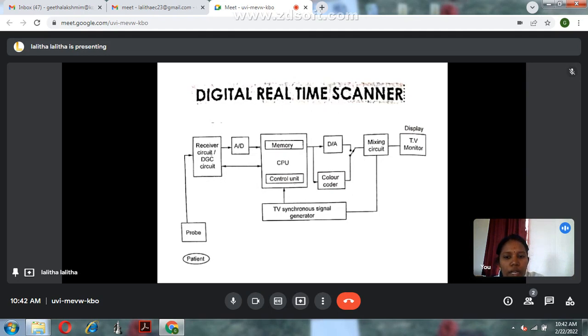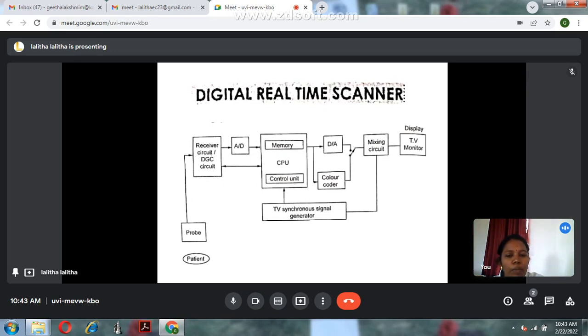When the patient is connected to the probe, the signal is received by the receiver circuit. It is converted from analog to digital signal and connected to the control unit, that is the CPU, the central processing unit. This CPU consists of memory and control unit.